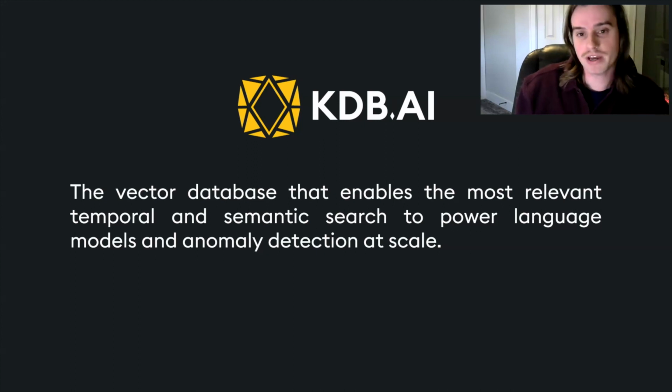So with KDB AI, like I said, it's a vector database, but there's a couple of unique aspects to it, because as generative AI has really taken off in the last couple of years, vector databases have as well. And you can go out and see that there's many different options for vector databases. So what does KDB have that is unique?